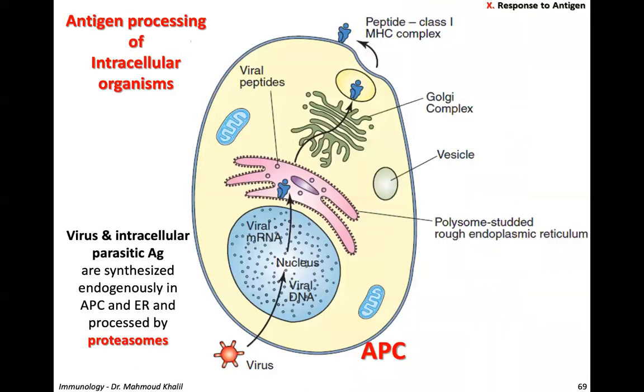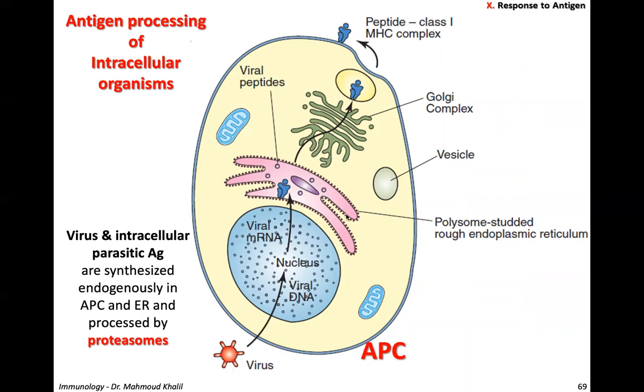So here, let's see how antigen processing of an intracellular organism can occur. You can see the antigen presenting cell can sense the virus. Whether it is a virus or an intracellular parasitic organism, it can be internalized inside the antigen presenting cell.